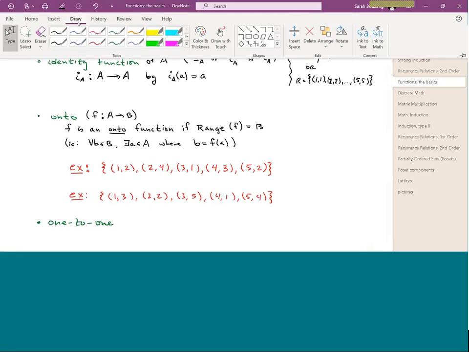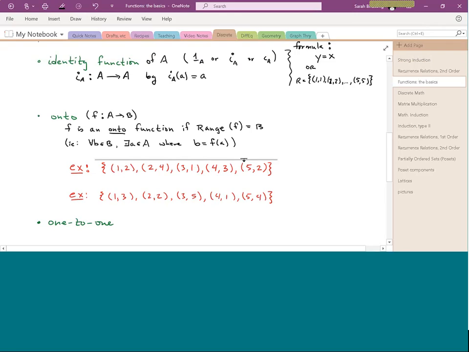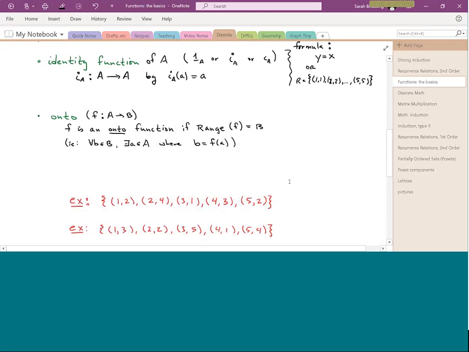And I need a little bit more space. So here, consider the function, and we have two versions of them. F is going from building set A to A, where A equals 1 through 5.